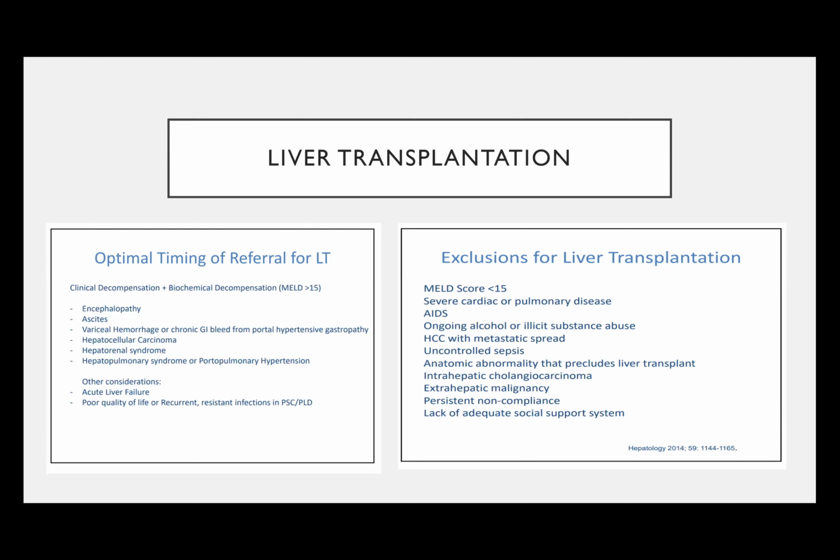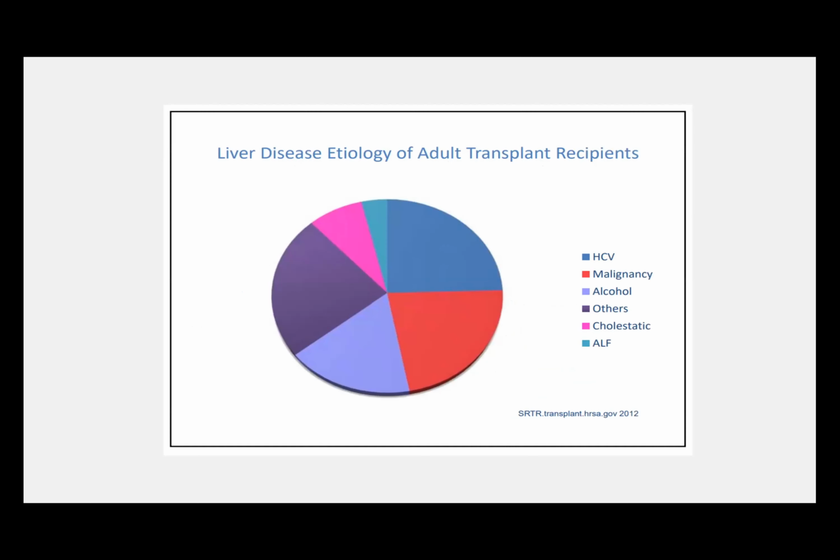Any other kind of malignancy, any evidence of non-compliance to medications, and unfortunately the last one, lack of adequate social support, is also one of the exclusion criteria for liver transplants. This is just a little pie chart: most of the recipients are actually HCV and malignancy patients, and alcohol is close up there.